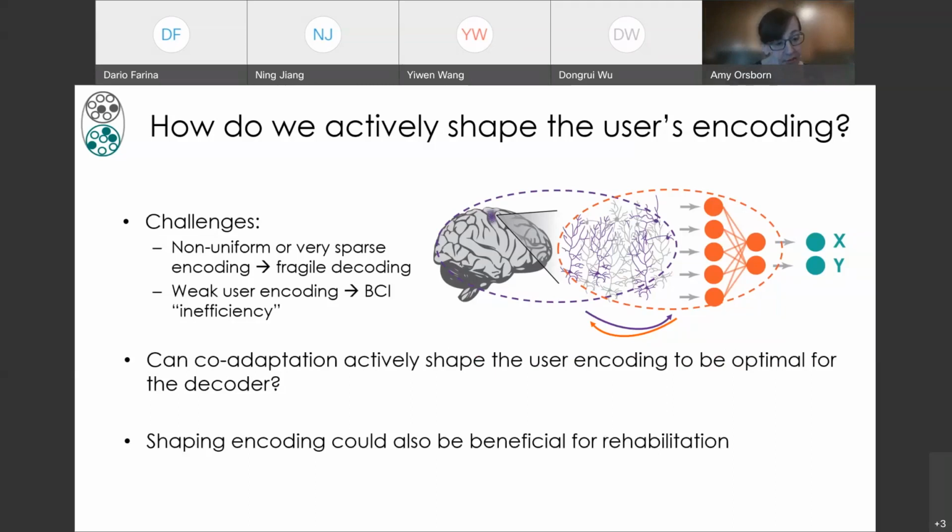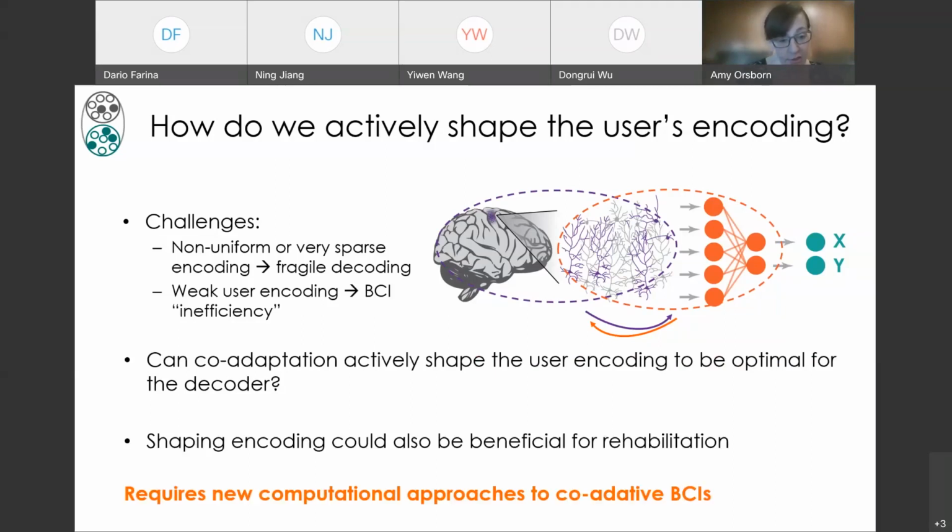You could also think about this being useful for rehabilitation applications, like we've heard about in the workshop. This is a big ask, and I won't propose that we've solved this problem yet, but towards this goal, we're now starting to think about new computational approaches for co-adaptive BCIs so that we could start to think about solving this problem.